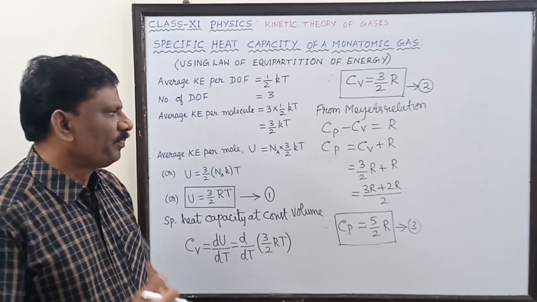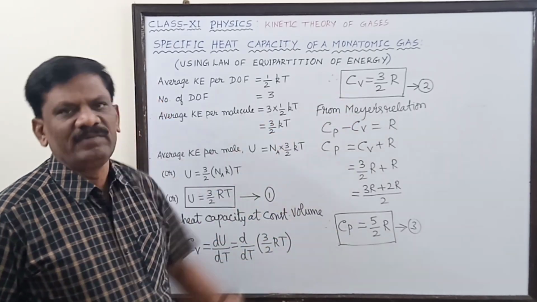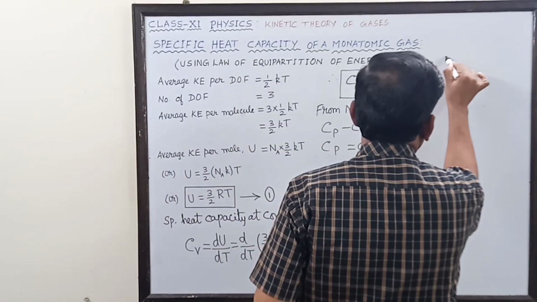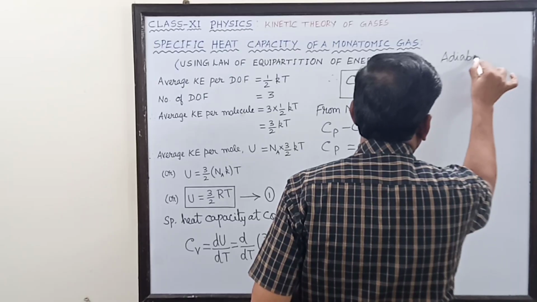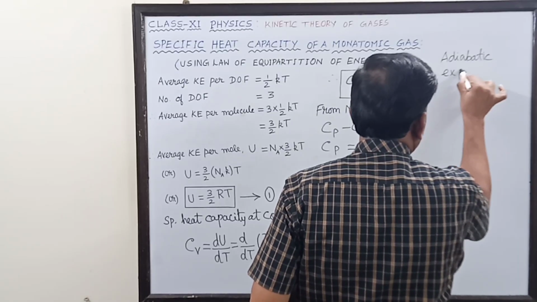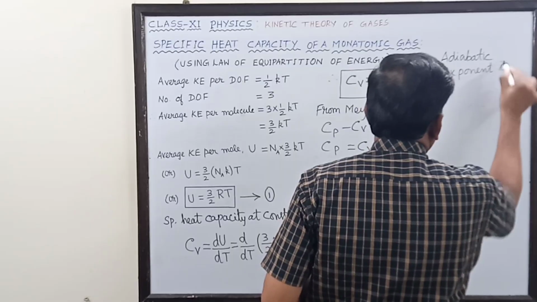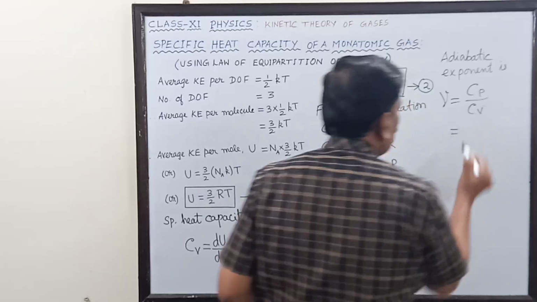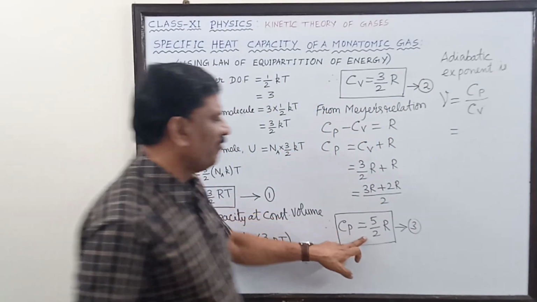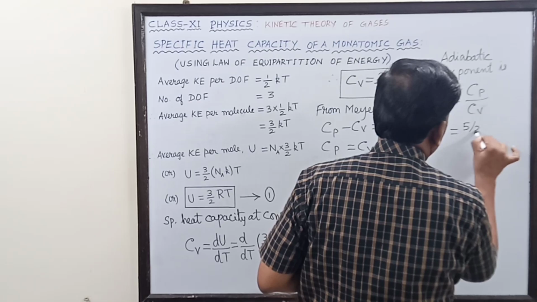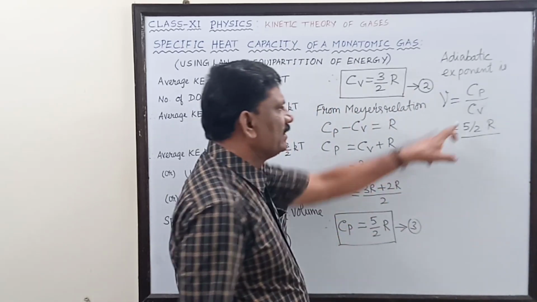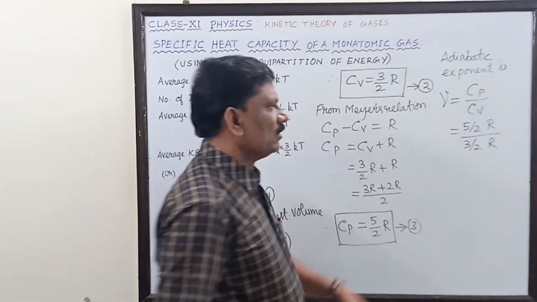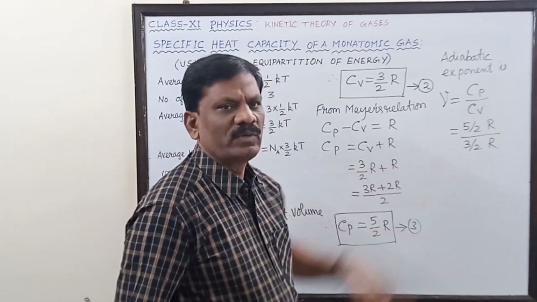Now the ratio of Cp and Cv is the adiabatic constant, or adiabatic exponent, gamma. That we are going to determine now. Gamma is equal to Cp divided by Cv. In place of Cp in the numerator, 5 by 2 times R, divided by Cv, which is 3 by 2 times R. So this R gets cancelled and the common factor 2 also gets cancelled.